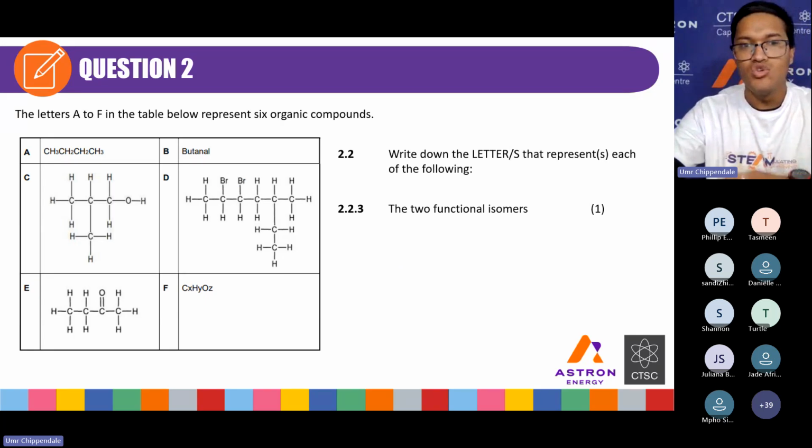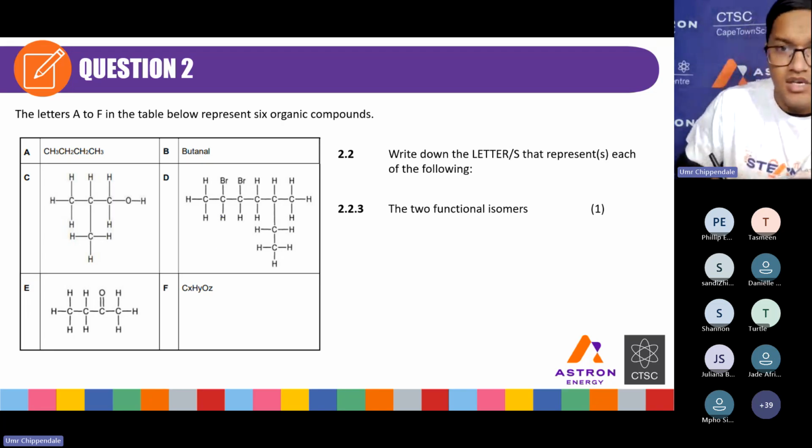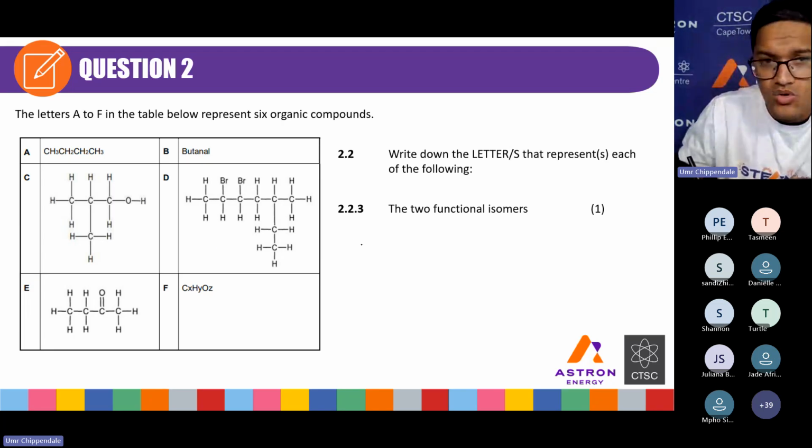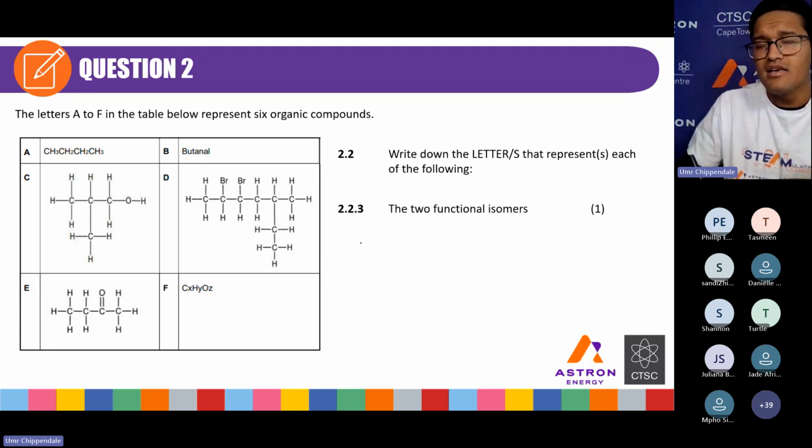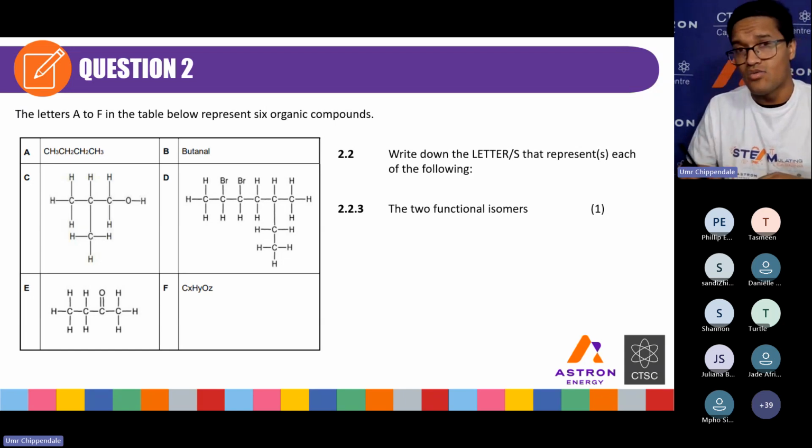Moving on. 2.2.3. Write down two functional isomers. Now remember, functional isomers could be when you have your aldehyde and your ketone with each other, or a carboxylic acid and an ester with each other.